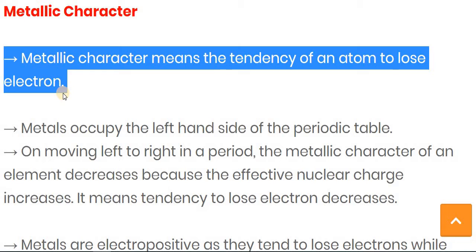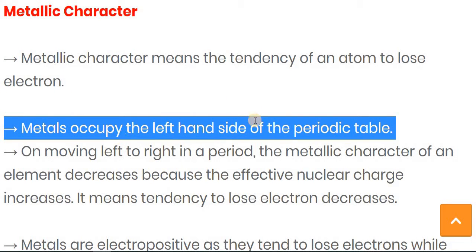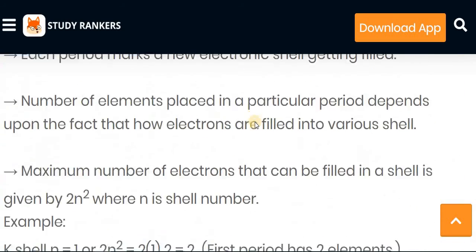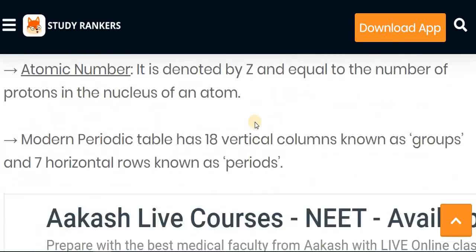As we studied in the properties of metals, a metal loses electrons and gets a positive charge. That kind of element we consider as a metal. And metals occupy the left hand side of the periodic table.